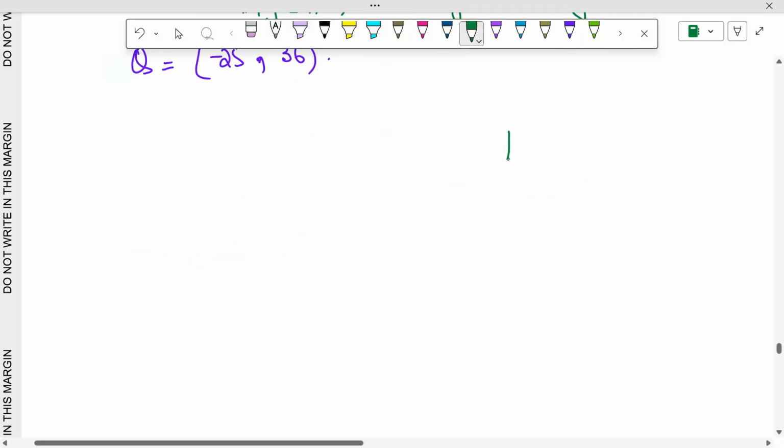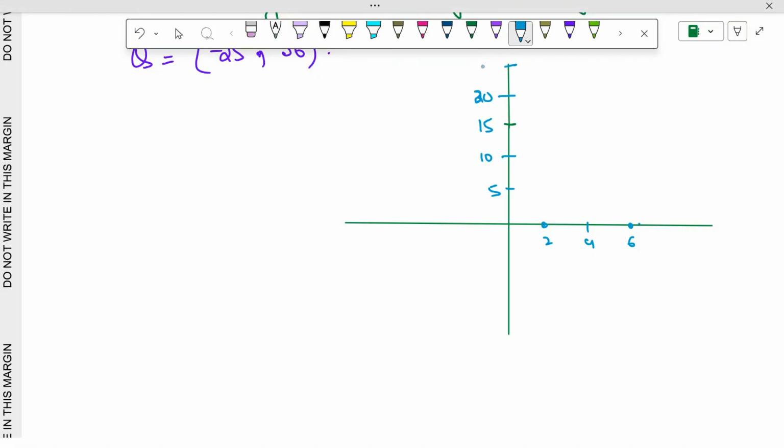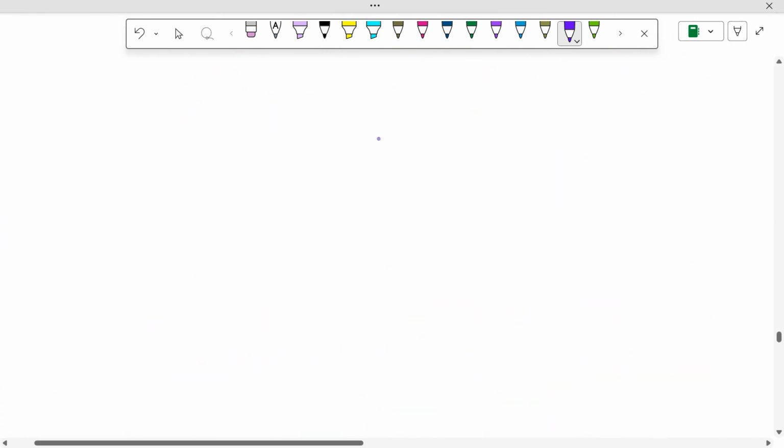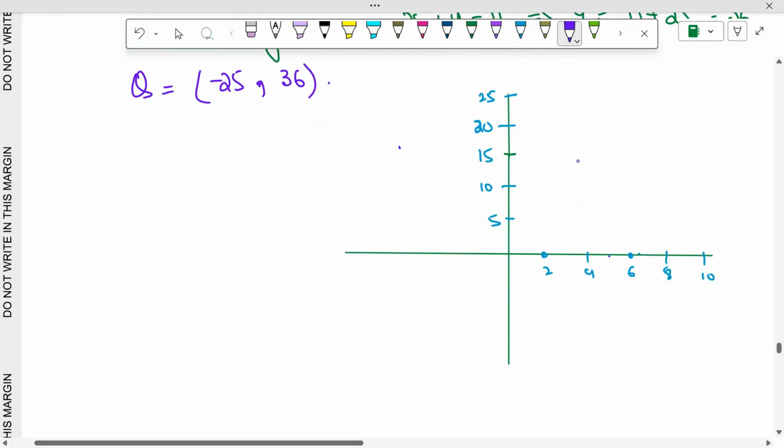Now, point P is 5 and 9. This one is 5, this one is 9.